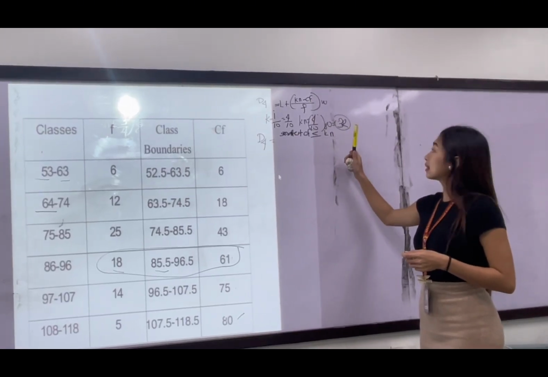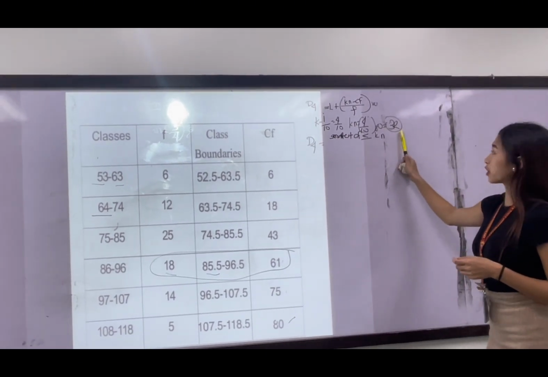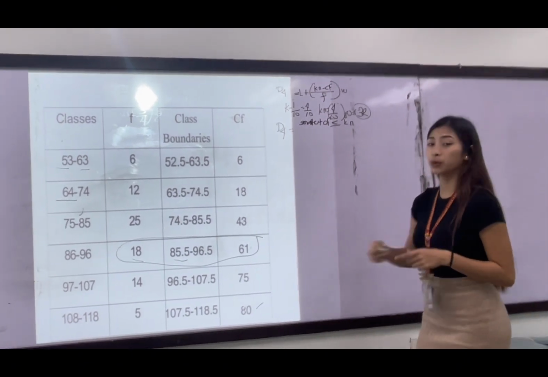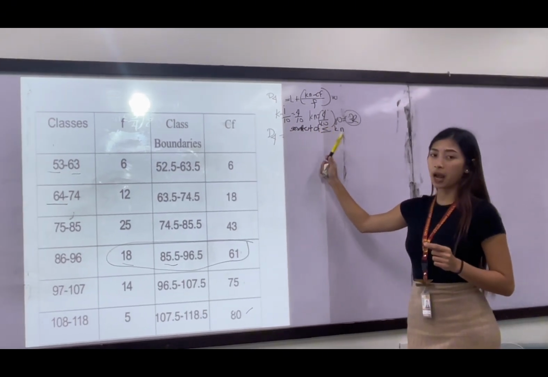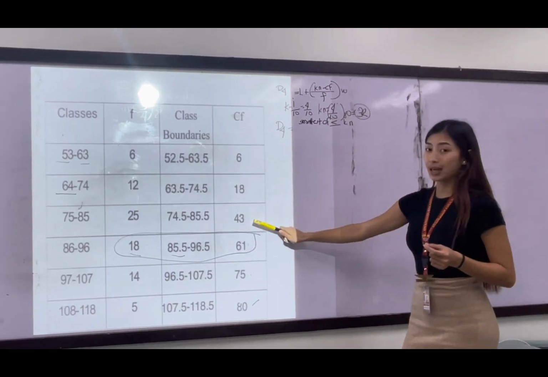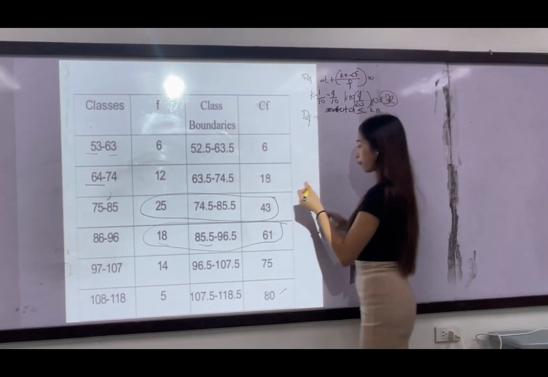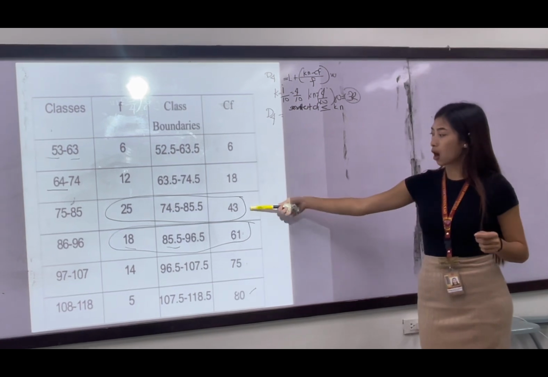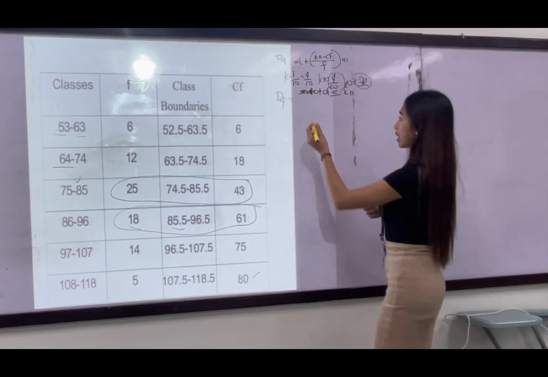To find the class that contains the 32nd observation, we go to the column of cumulative frequency. The smallest cumulative frequency greater than or equal to 32 is 43. Therefore, this is the class that contains it. So let's solve this.